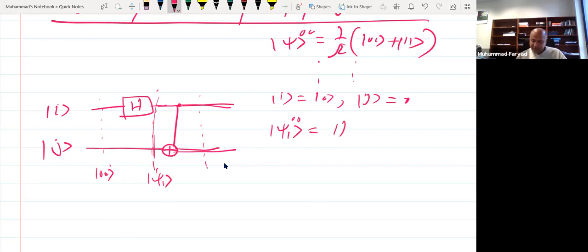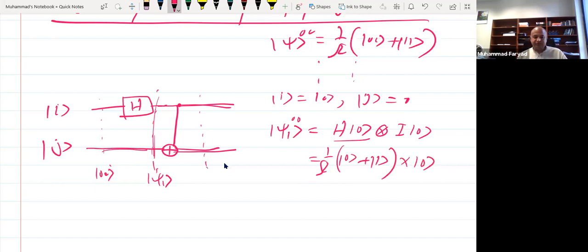It is Hadamard performed on the first zero and identity performed on the second zero, because nothing is happening here and Hadamard is happening here. So this becomes the plus state, which is 1 over square root 2, 0 plus 1, and nothing happens to the second qubit.